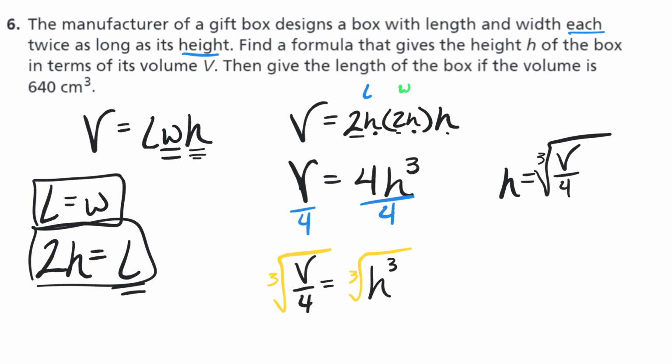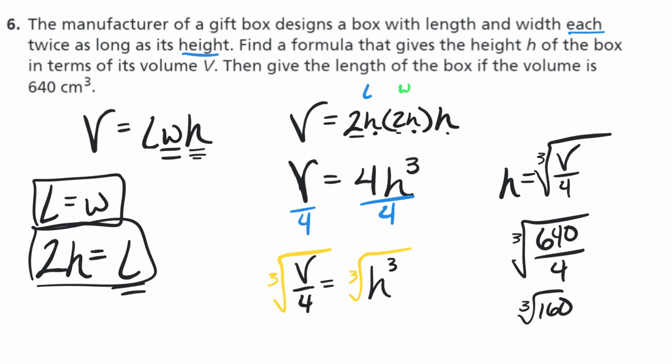So what we have to do is take our volume, substitute in 640 because that's what they told us. So we have 640. We're going to take the cube root of that amount, and then we will have our height. Well, 640 divided by 4 is 160.